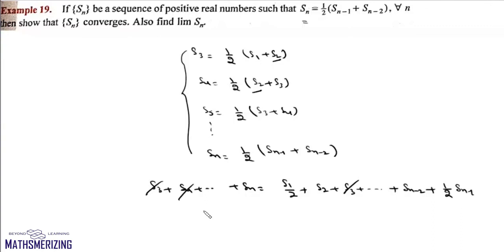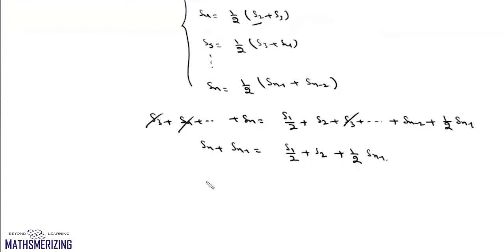So here we'll get Sn plus Sn minus 1 will be equal to S1 by 2 plus S2 plus 1 by 2 Sn minus 1. Or we can write this as Sn plus 1 by 2 Sn minus 1 will be equal to (S1 plus 2S2) by 2.